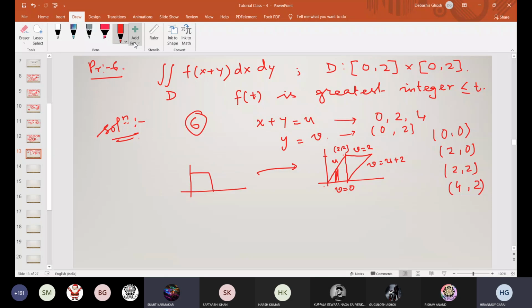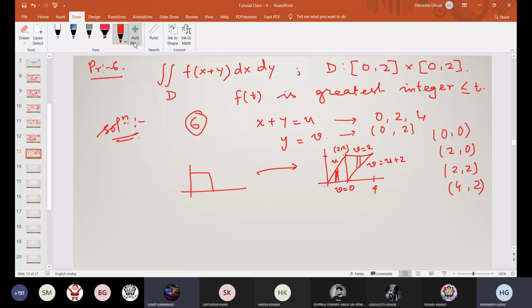This is the line v equals 0, so for u equals 2, v is also 2, which is the point 2 2. So one limit is v from 0 to u, if you consider the strip, and u from 0 to 2. Then v has its range from u minus 2 to 2, and u has its range from 2 to 4. Actually this point is 4.